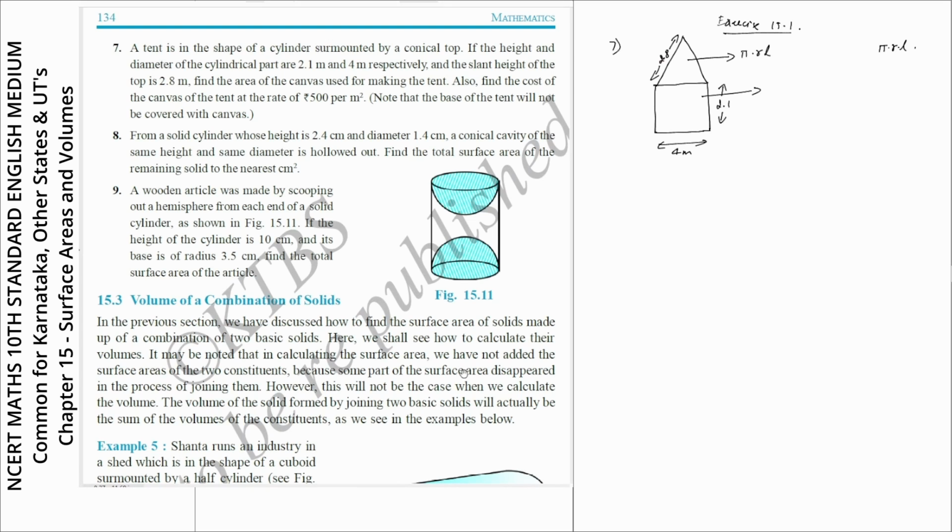It is given by 2 pi r into h. Therefore total area is equal to curved surface area of cone plus curved surface area of cylinder.